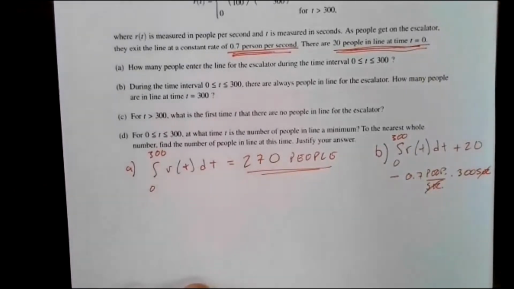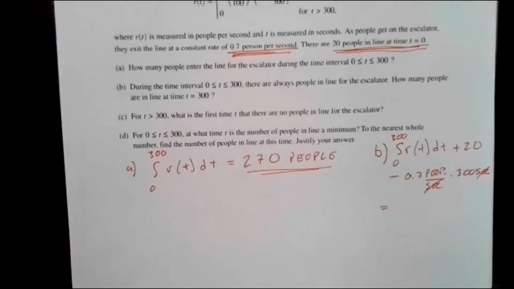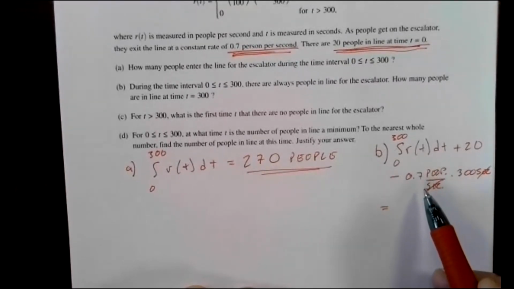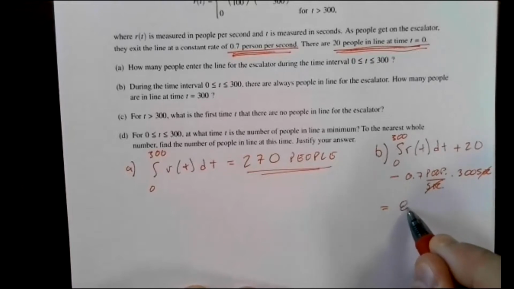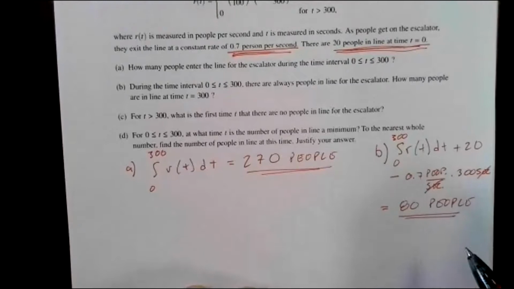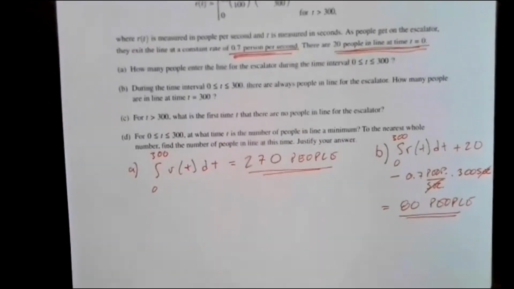Notice I put the units in because it is an AP problem. See what we get there. It's 270.7, need a calculator. 290 minus, I don't think I need a calculator, 210, should get 80 people, which I would totally use a calculator for if I wasn't being lazy.